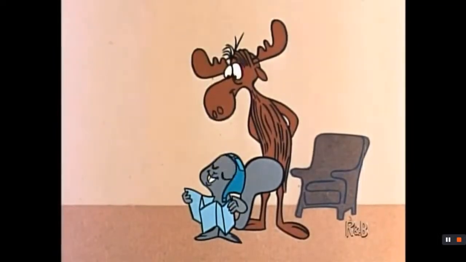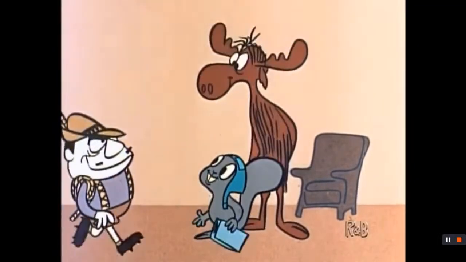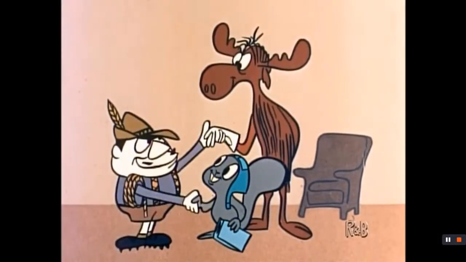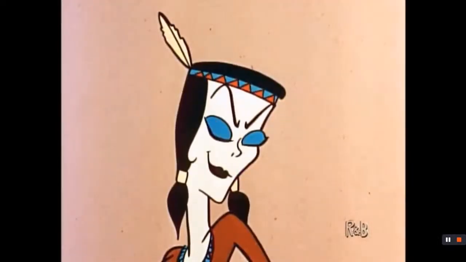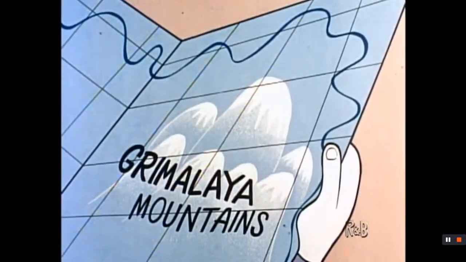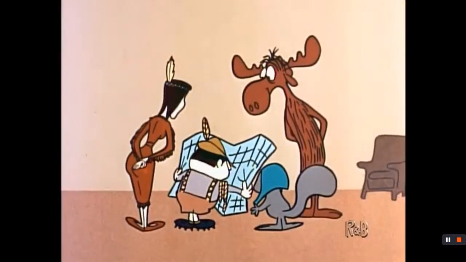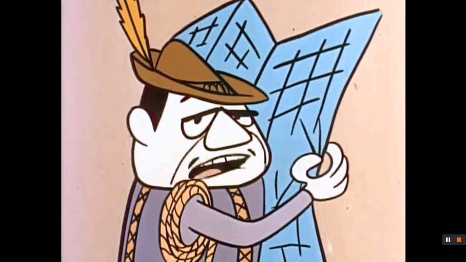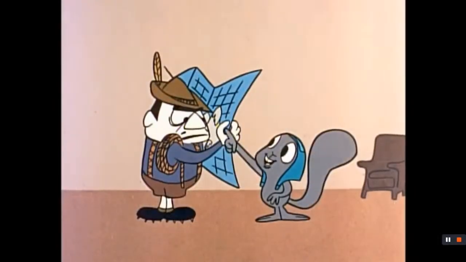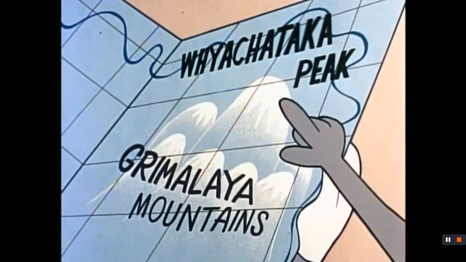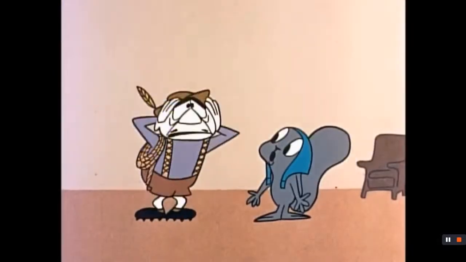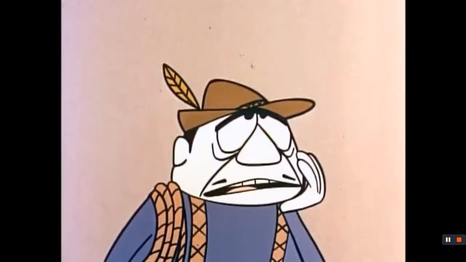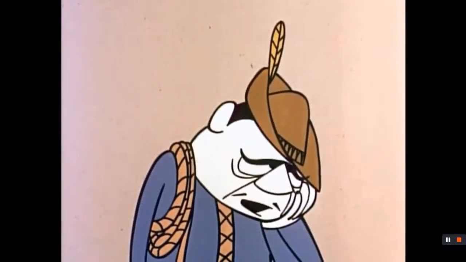Well, our heroes are really closing in on the mooseberry bush, for they've hired a famous mountain climber, Sir Hilary Push-Him-Off, and his friend, the Indian guide, Princess Bubbles, to guide them up the Grimalaya Mountains. Little do they know, however, that the guides are really those two spies, Boris and Natasha. Please, you're giving away the plot. Well, Sir Hilary, here's where we're going, high on the slopes of Why Don't You Take a Peek? I take it you know the name. Know it. It is the most feared mountain in old Pennsylvania.